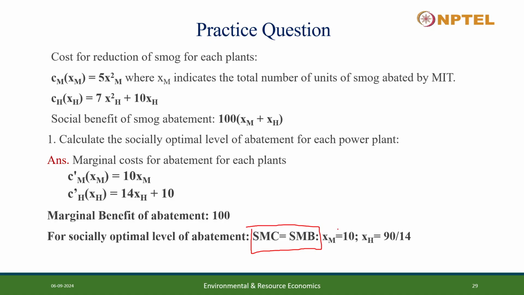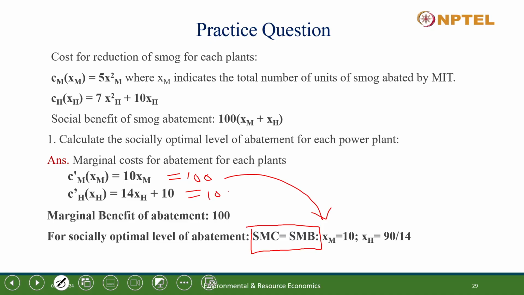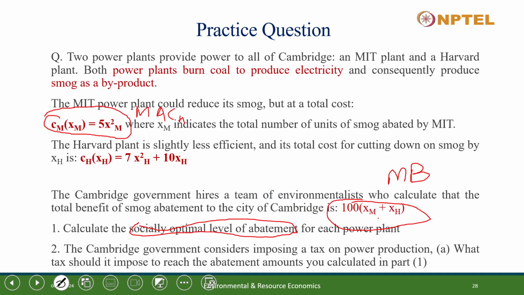So from here we are getting xm equals 10, because we are equating 10xm equals 100. And for the other plant, if we equate 14xh plus 10 to 100, then we are getting 90 by 14. Okay, so that is how we have obtained the answers to these two questions. The cost function for abatement is given, and the benefit function is given.